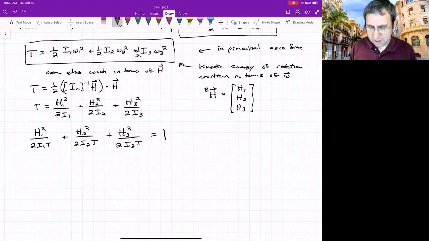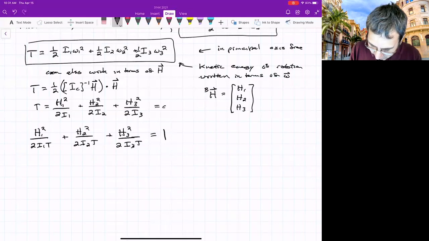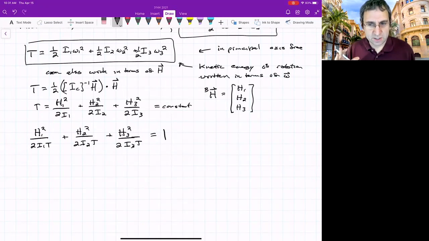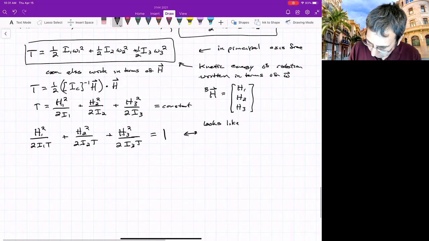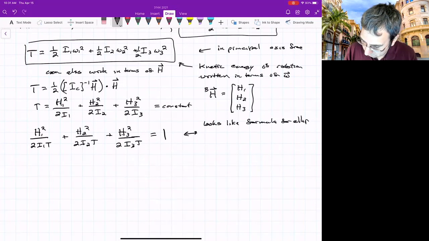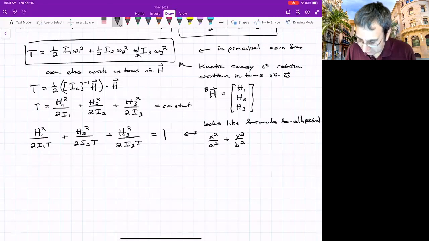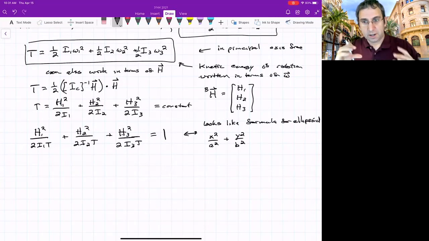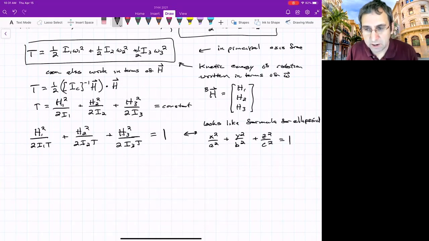If we were to plot what this looks like, because there's no moment acting on this, the kinetic energy is actually constant. The total kinetic energy is constant. It looks like the formula for an ellipsoid. So x squared over a squared plus y squared over b squared. If we set that equal to 1, then this looks like just an ellipse in the plane. But you add the z component, now it's an ellipsoid.